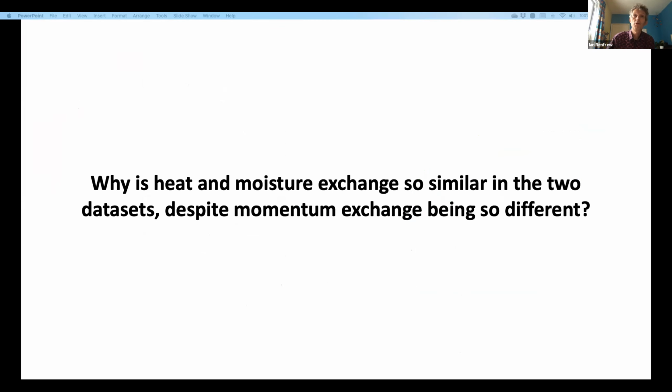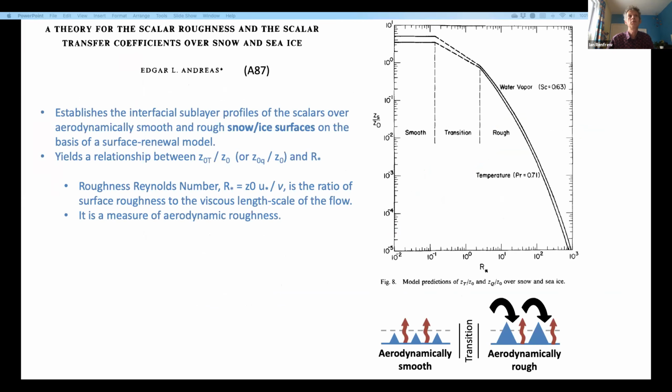So why is this heat and moisture exchange so similar in the two data sets, despite the momentum exchange being so different? I don't want to get into too much detail, but it's basically because of different roughness transitions, roughness profiles, if you like, or regimes.